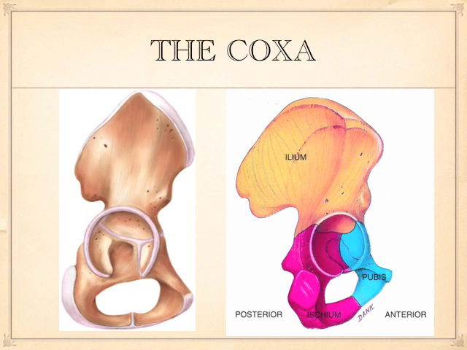Now the first thing that you should get to know about the coxa is that we think of it in three pieces. If you look here, this is the picture from your textbook. This shows the coxa of a child. In a child, there are some soft cartilage places within the bone that allow the bone to expand from the inside out.